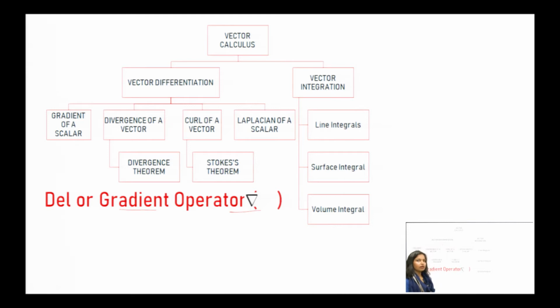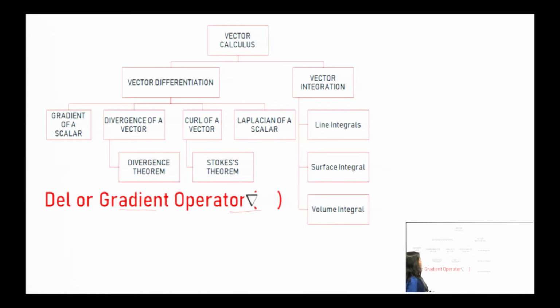As for example, with the help of this gradient operator or Nabla operator we are going to define the gradient of a scalar. This is nothing but the simple multiplication of a scalar with the del operator. The del operator is also used to map a field from scalar to vector or vice versa.